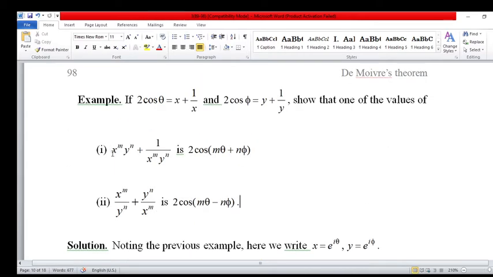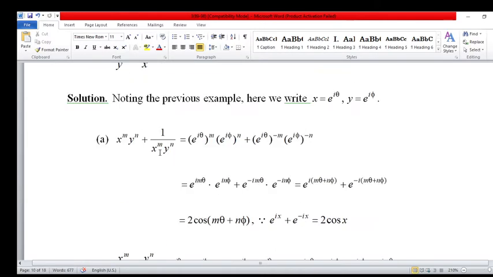Now the first condition, x raised to the power m, y raised to the power n plus 1 upon x raised to the power m, y raised to the power n. Here substitute the value of x raised to the power m. This is the value of x and its power is m. This is the value of y, its power is n. Here the denominator is converted into numerator, so this is e raised to the power i theta power minus m, e raised to the power i phi power minus n.